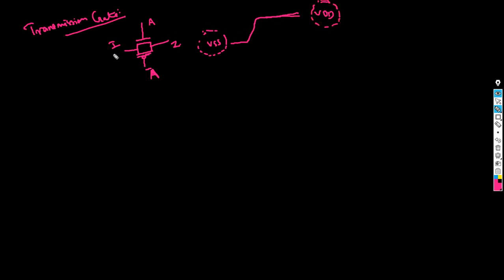Now, what will happen if you get a glitch here? Can anyone think about it? If there is a glitch, will this be suppressed or will it be propagated further, in the case of a transmission gate and in the case of a regular MOS? Assume this is in the input stage.